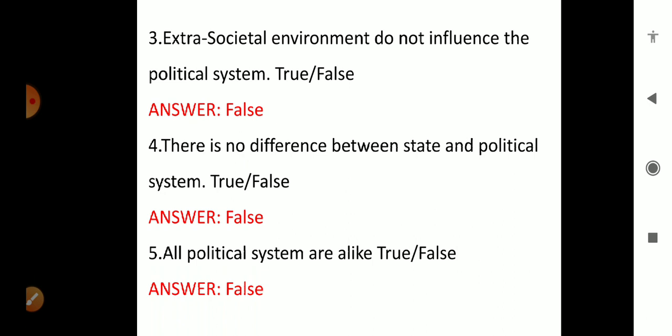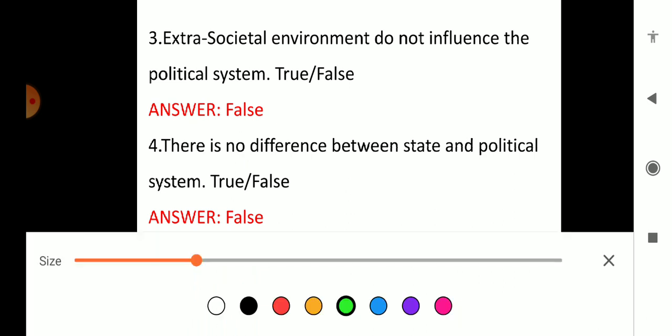So the statement says extra-societal environment does not influence the political system. But we know that extra as well as intra-societal environment influence our system. So it means 'do not' is wrong. From here we come to know it is wrong.